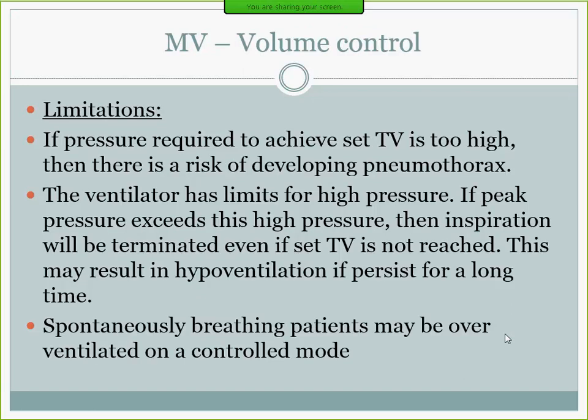So what are the limitations? You set a tidal volume, let's say 500, but if the pressure required to achieve it is way too high, your lungs are going to rupture, and we don't want that complication. There is a risk of pneumothorax. So volume control has a limit on the upper pressure the machine will deliver.